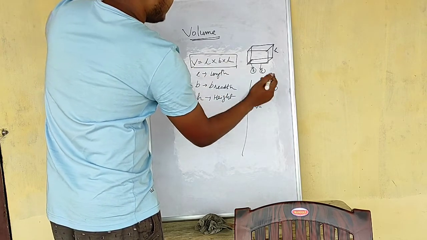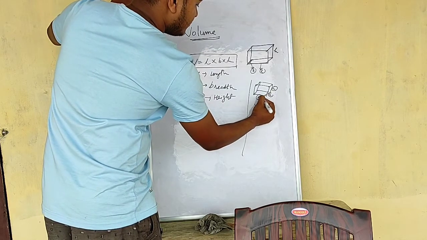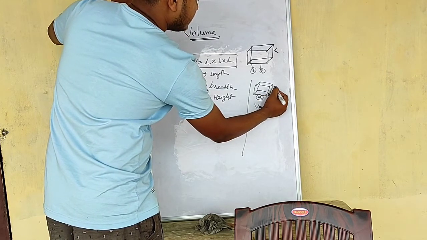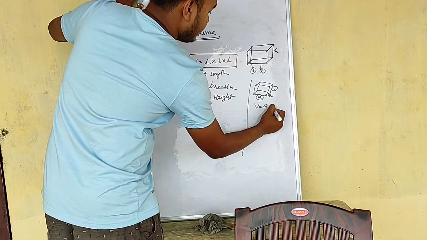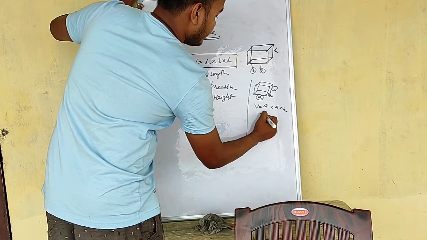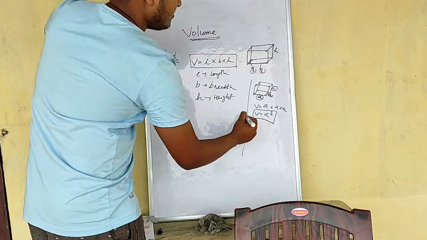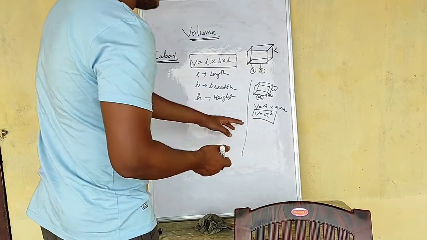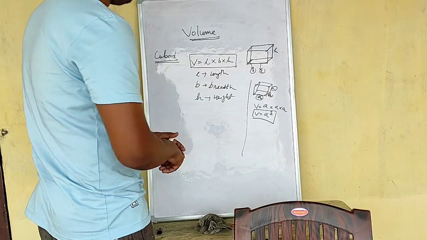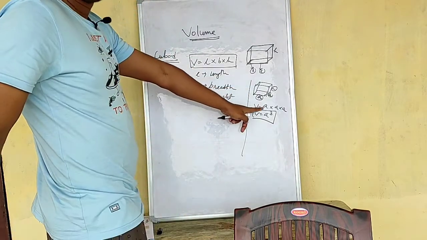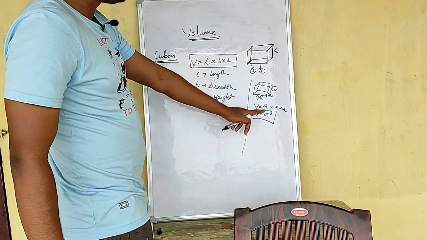L into B into H. Here L is also a, B is also a, H is also a, means a into a into a. What have we got? a cube. This is the volume of a cube, and this is the cuboid. Here I have derived how the volume of a cube is given.